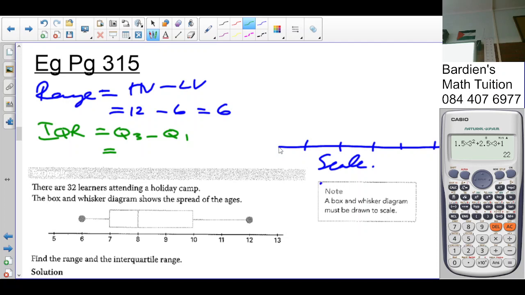So quartile 3 is 10 minus 7, which gives you 3. Okay, you will understand? It's very simple, no? Let's carry on with our lives.